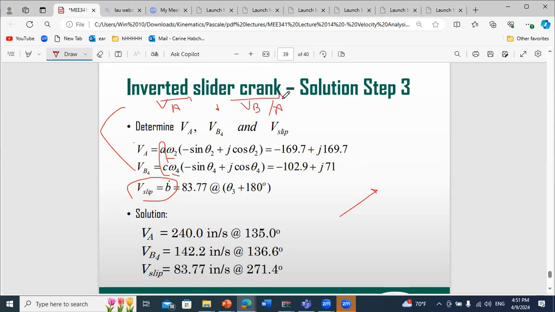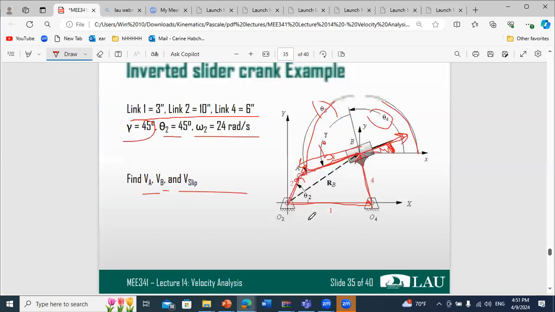So we can find VB in two ways. We do the analysis from O2 to B, because we find VA and then calculate the velocity of B relative to A, or we can directly say B is a point of the output link, so we find VB from the output link.